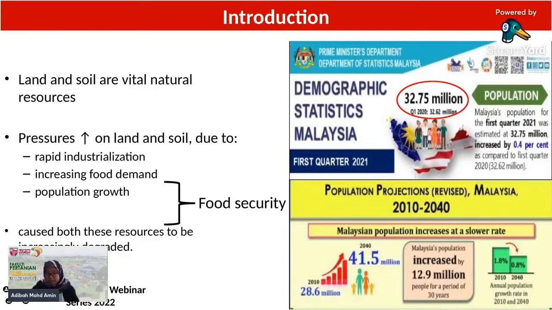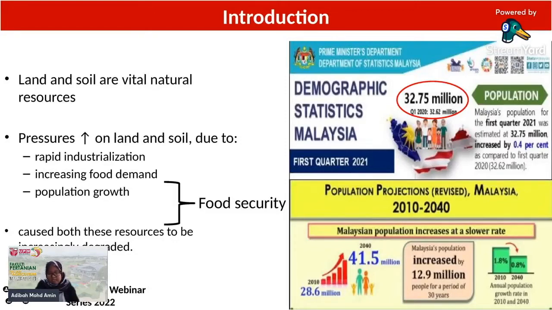Okay, the Malaysian population in the first quarter of 2021 is estimated at 32.75 million. It increased by 0.4% compared to the same period of 2020. In 2040, the Malaysian population is projected to be 41.5 million.